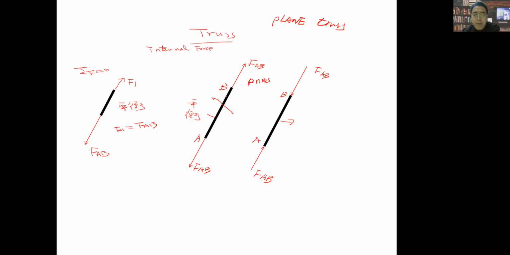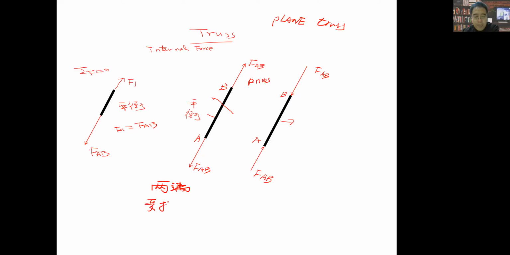If this bar AB is a two-force bar, it may be stretched by this FAB. We call that 两端受拉. In this state, this FAB and this FAB try to elongate this AB a little bit. Although we know that because we treat AB as a rigid body, it never has any deformation, these two forces try to stretch it a little bit, right?